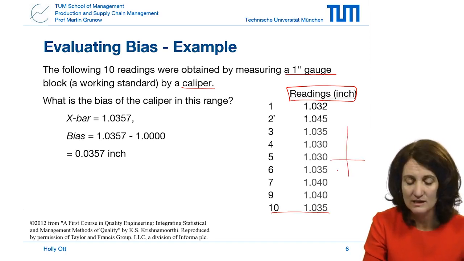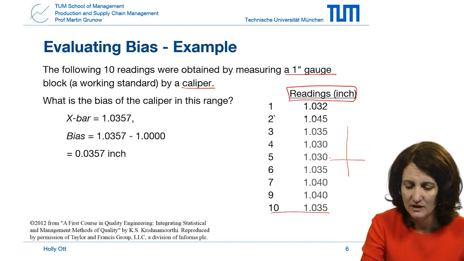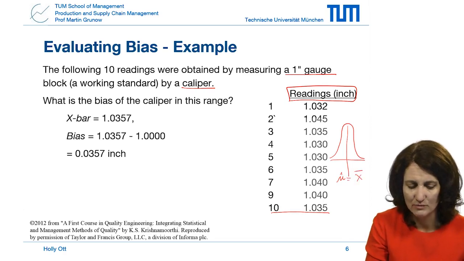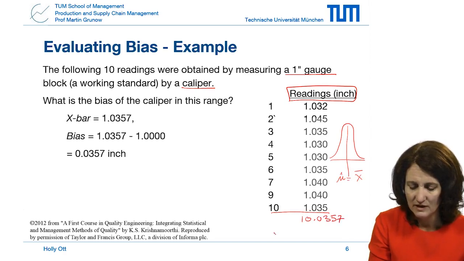They're not all exactly the same, even though they should be exactly the same. They're distributed around a mean value. So the mean value, we're going to estimate with an X bar value. So we add these all up.